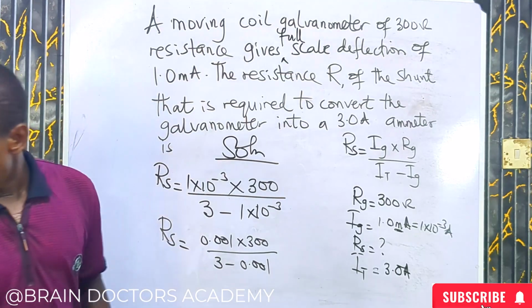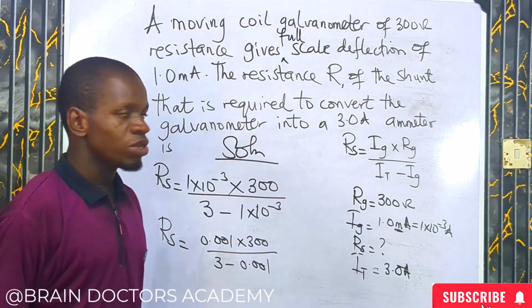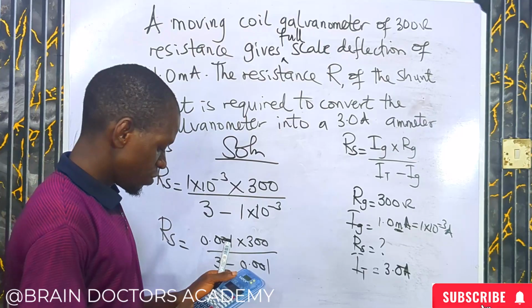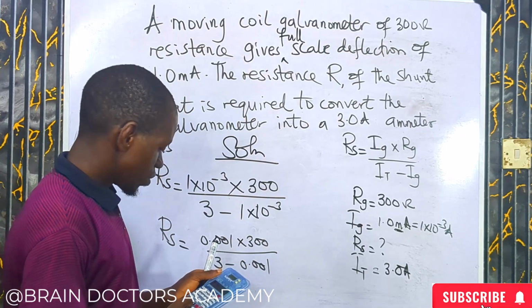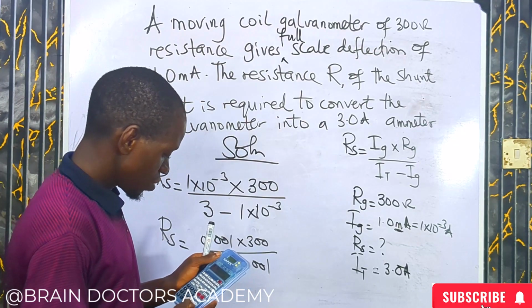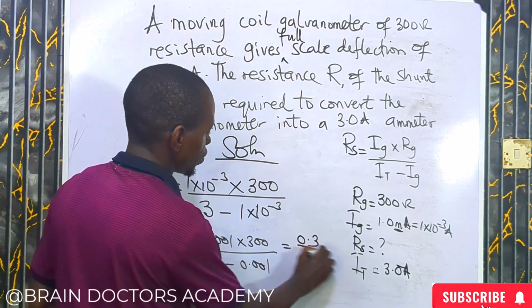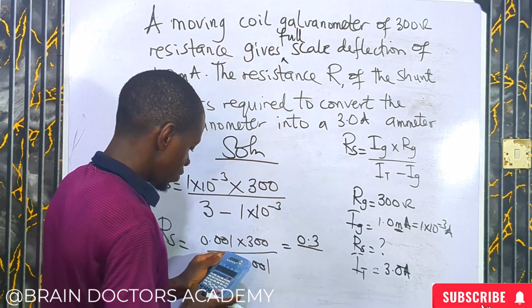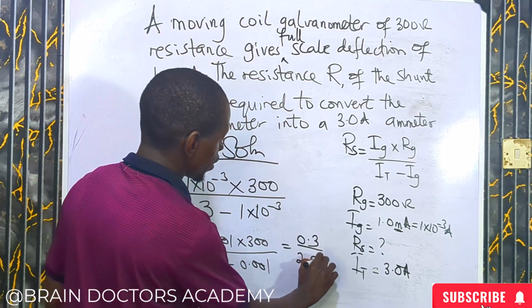Nice. Let me get my calculator and let's solve together as usual. 0.001 times 300 is 0.3, all over 3 minus 0.001, which is 2.99.